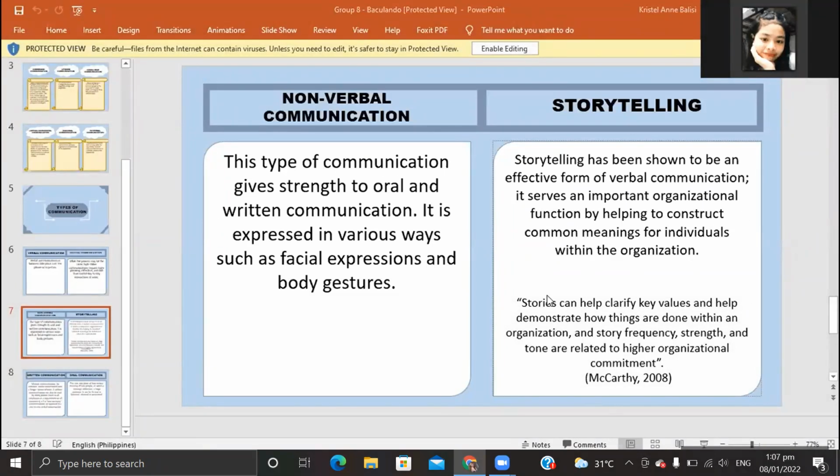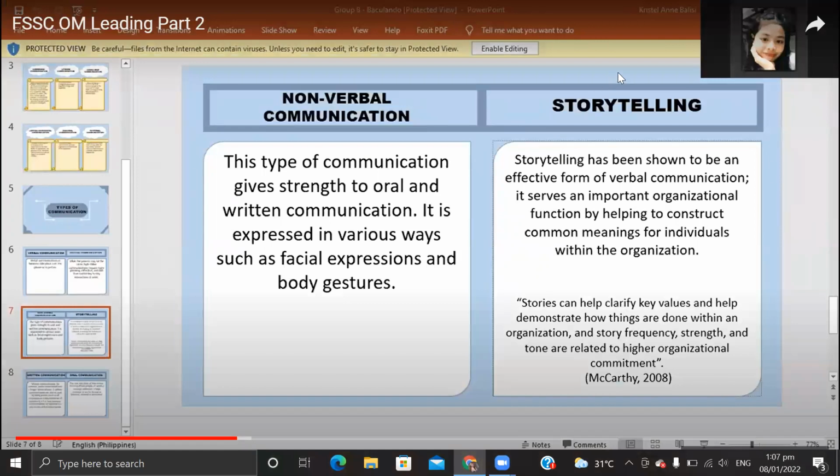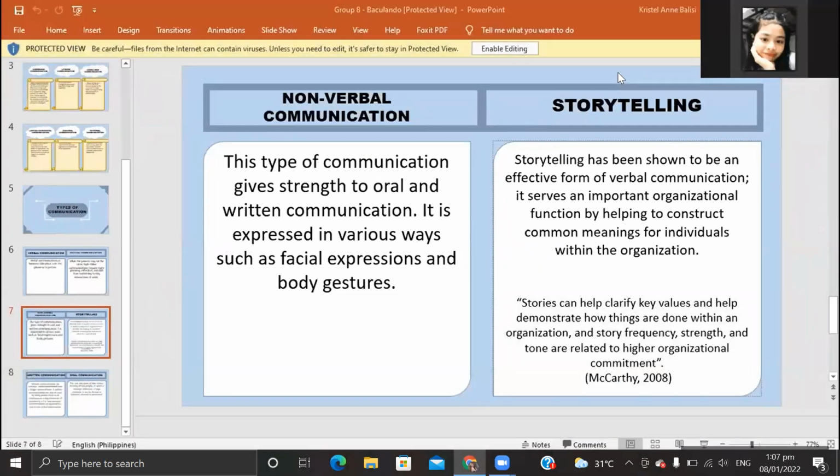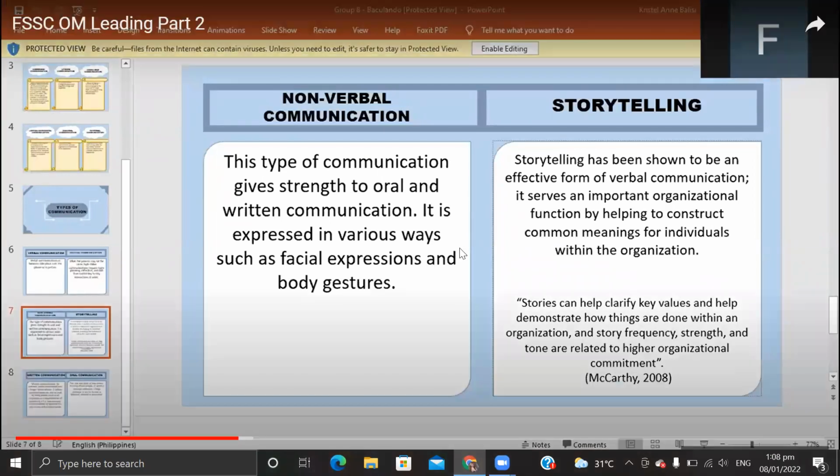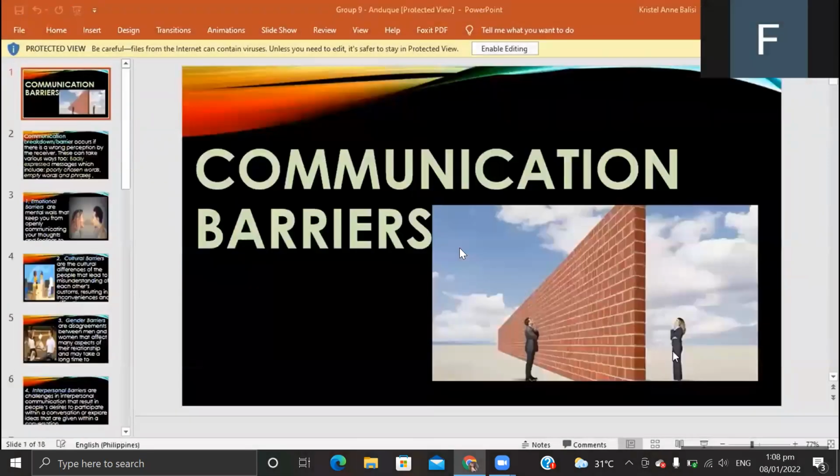Ilang po, ma'am. Thank you po. Okay, thank you Bakulando Group. So yung next naman natin ay yung group nila Anduke. So communication barriers and then minimizing barriers.